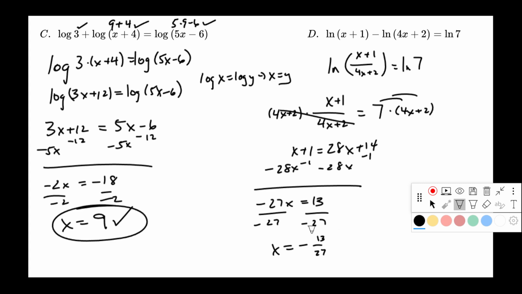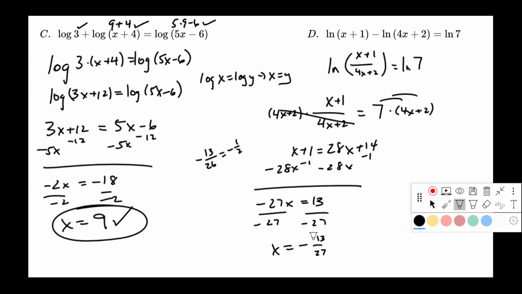Okay, now I got to check this. I don't care that the answer is negative. What I care is if I take this negative answer and plug it into this argument, will the argument still be positive? So, negative 13 over 27, if I'm just trying to get an idea, obviously you can type it into a calculator. Negative 13 over 26 would reduce to negative 1/2.